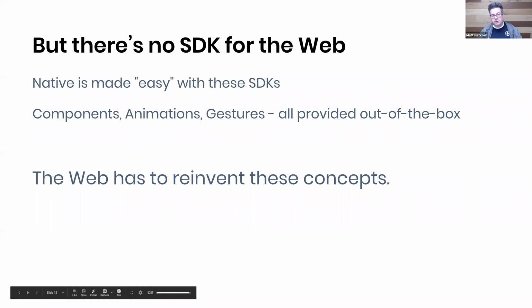But until today, there really hasn't been an SDK for the web. As a developer, you get low-level primitives that web browser vendors are creating, which developers have to build upon to build their great app experiences, and that takes real work. Native has components and gestures and animations all out of the box, but the web has to reinvent these concepts.